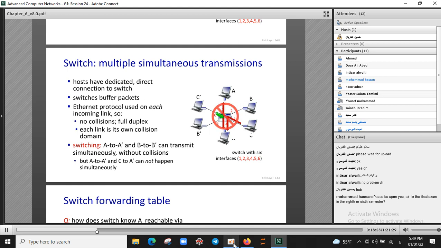Yes, this switch has some buffers. So the switch can buffer, for example, the received frame from C. The switch can put it in the queue, and send it later.